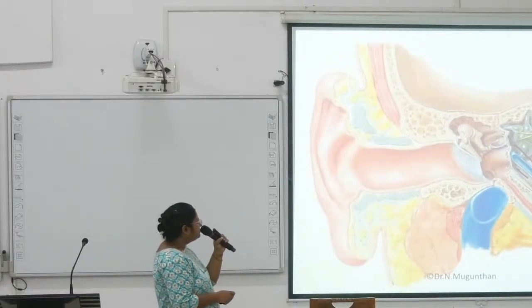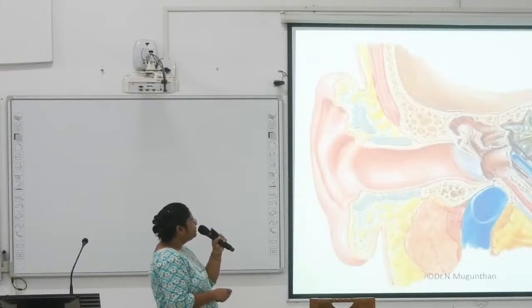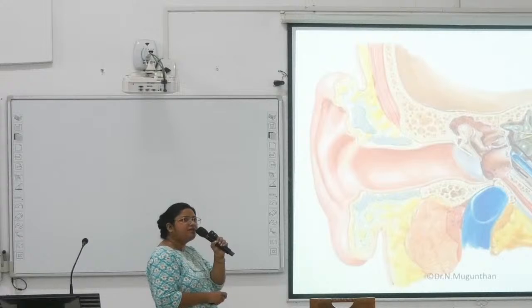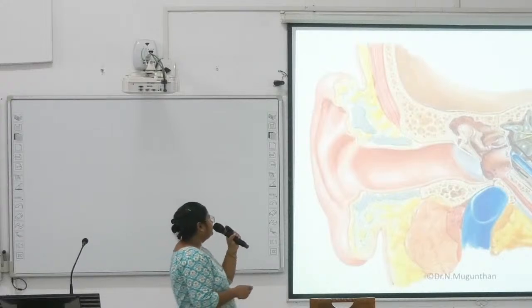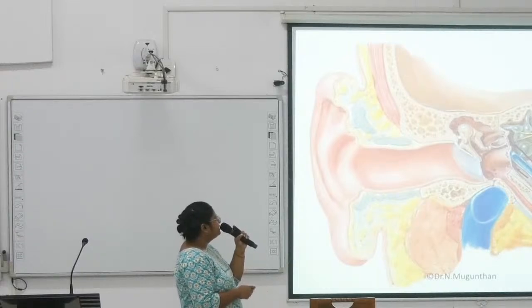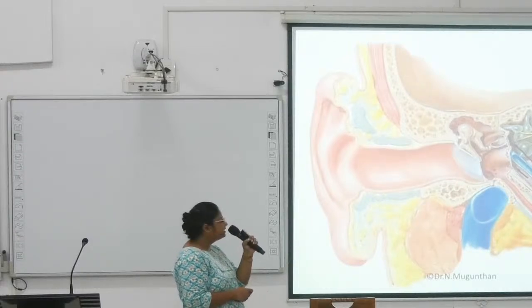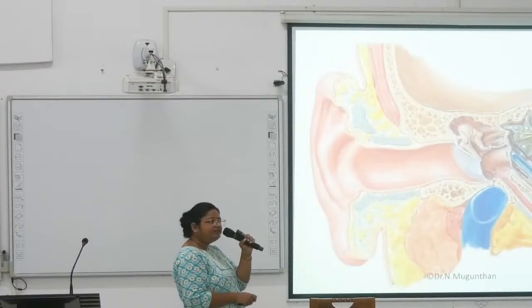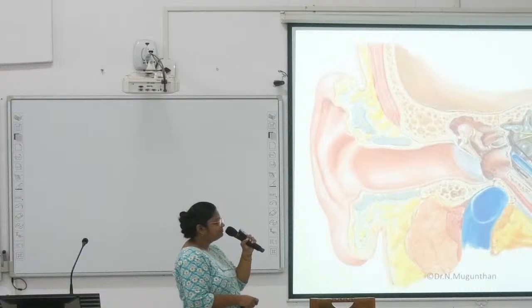And this point of attachment of the handle of the malleus with the tympanic membrane is known as the umbo. And these are the other walls: superior wall or roof, inferior wall or floor. There is also an anterior and posterior wall. And here you can see the auditory tube or eustachian tube, which is connecting the middle ear with the pharynx.